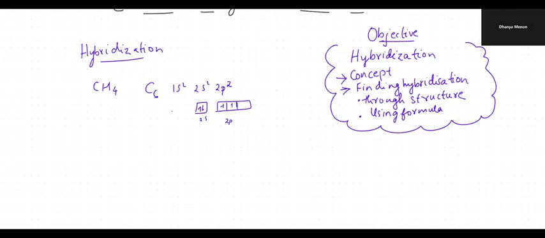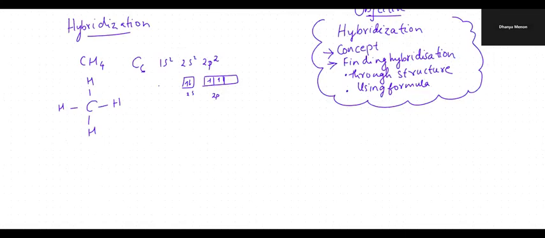Now, here there are only 2 unpaired electrons, but methane has to form how many carbon-hydrogen bonds? In methane, carbon has to form 4 bonds, but there are only 2 unpaired electrons. For bonding, there should be unpaired electrons, right? So it needs 2 more unpaired electrons. So what would happen for carbon?